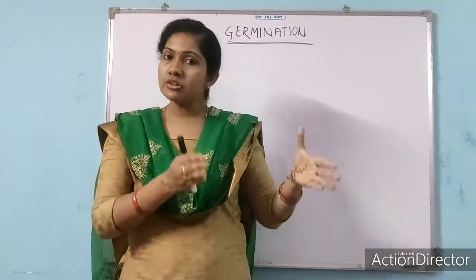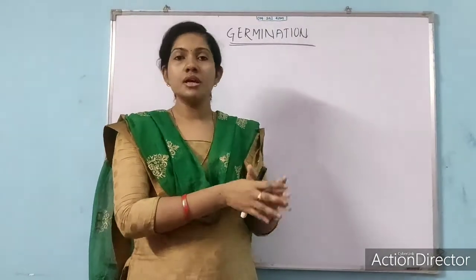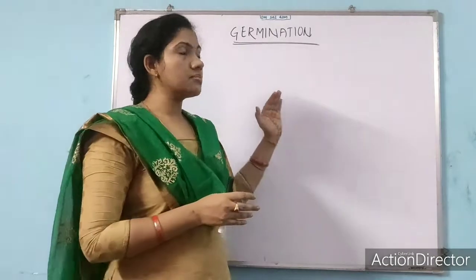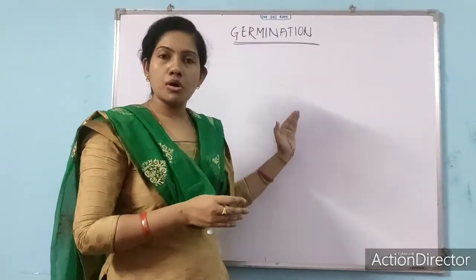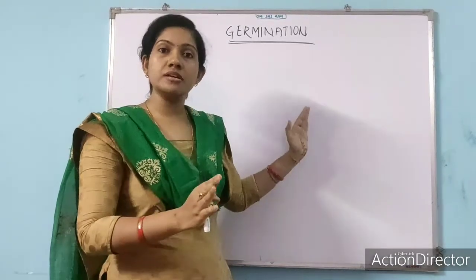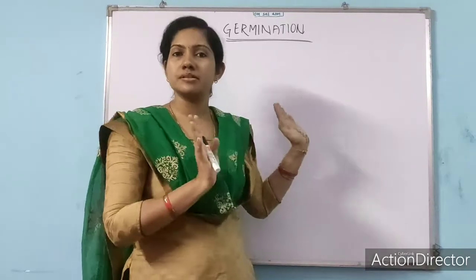But when that dormant seed gets an adequate environment for its growth, it will develop into a new plant. So germination is a process of development of a plantlet, or you can say development of a plant, from a dormant seed, or simply you can write from a seed.